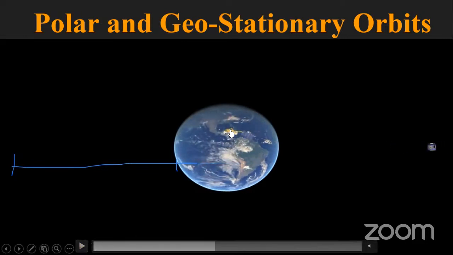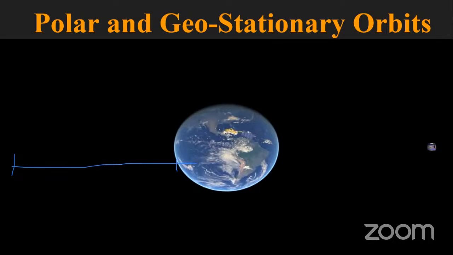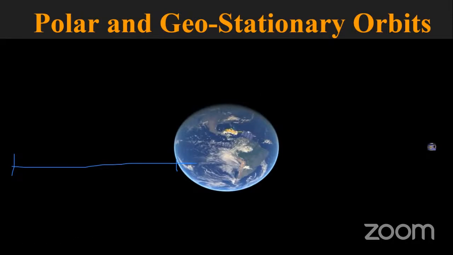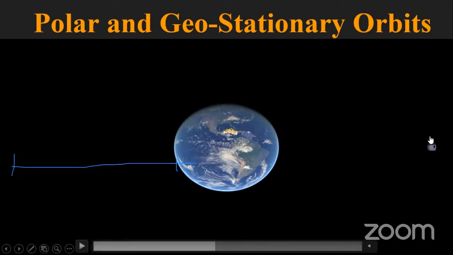Now this satellite, this is what I was explaining to you. This is moving from North Pole to South Pole, North Pole to South Pole. This particular satellite is a polar synchronous satellite. Now observe the difference between the two. This is rotating at a very low speed, whereas this is rotating at a very high speed.